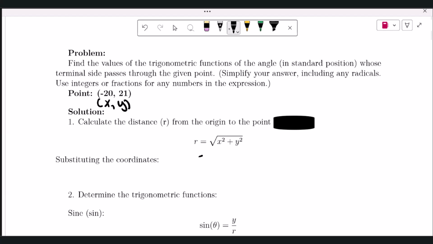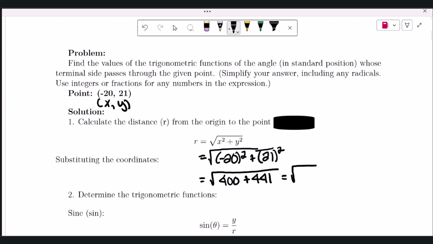Now let's figure out our R, which is the same thing as our hypotenuse. Our X is negative 20. We're going to square that, plus our Y is 21, and we're going to square that. That gives us the square root of 400 plus 441.